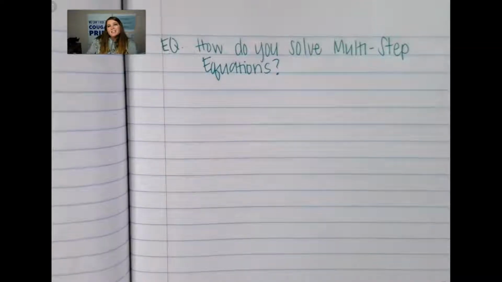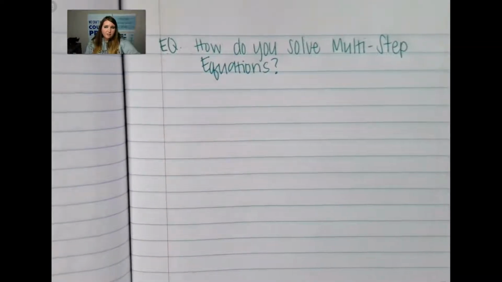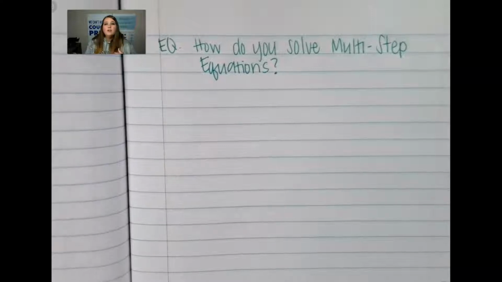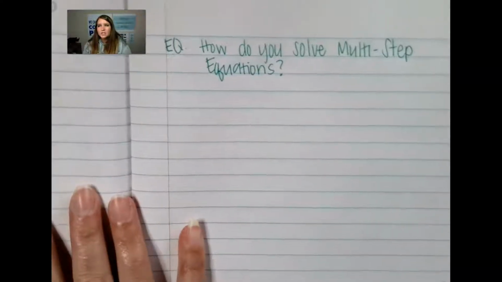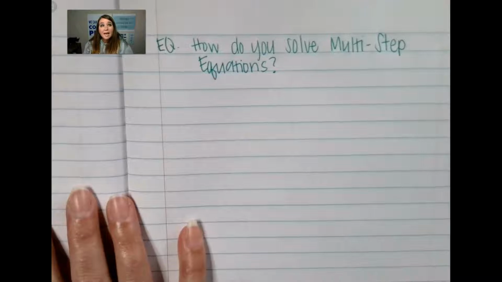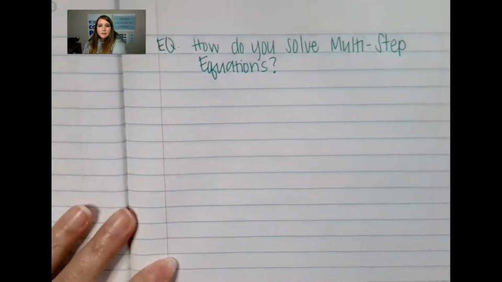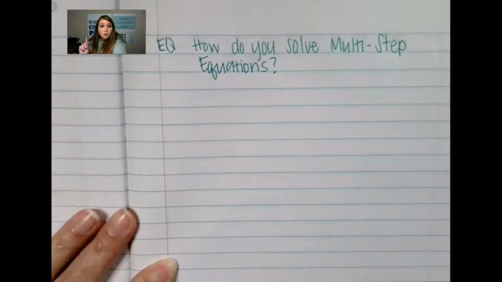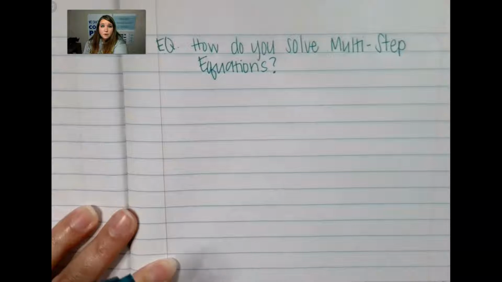All right, let's go ahead and talk about today's essential question, which is how do you solve multi-step equations? In our last few lessons, we have been working on single step, so doing just one step operation in order to solve for the variable.